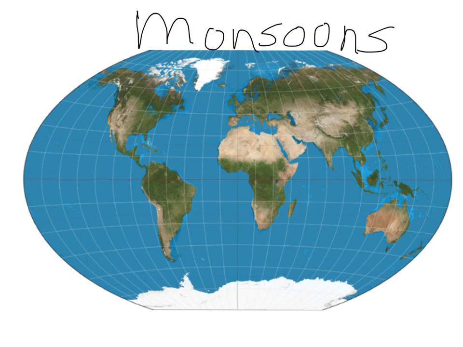So, for example, in a landmass that's as big as Asia, in the summertime, the land heats up very, very quickly. So it'll tend to be warmer than the ocean, which will tend to be cooler.